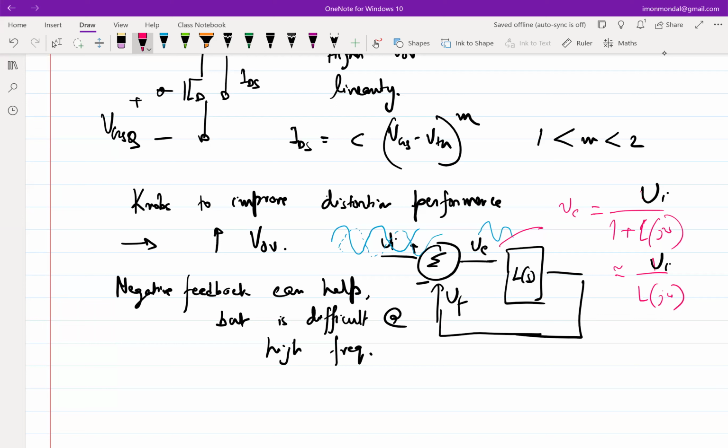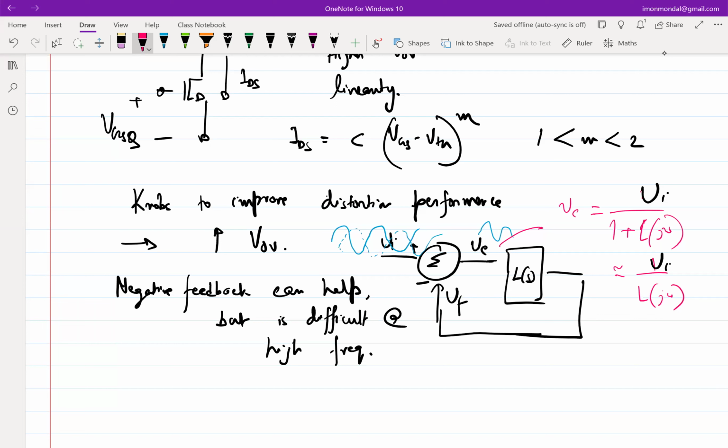Way beyond UGB. Now, if you keep pushing the dominant pole closer and closer to higher frequencies, to parasitic poles, you are not going to get that first order approximation. So that's an additional problem. And that, in fact, is why negative feedback at higher frequencies doesn't work as well, right?